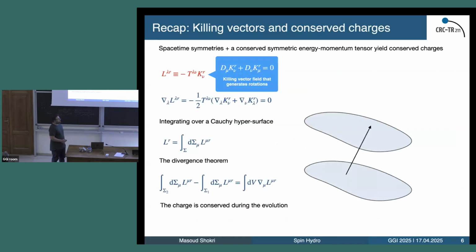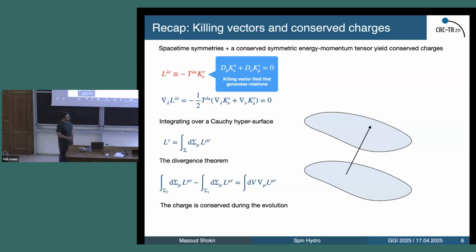there is actually an easy way to define orbital angular momentum using symmetries of space-time, which is to take a Killing vector which generates rotation. It satisfies the Killing condition, and then you contract it with T. The energy momentum tensor is assumed to be symmetric.